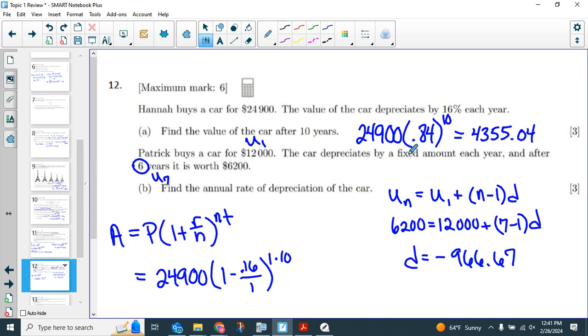Compound interest, like the one up here, when we lose 16% every year, 16% of 24,900 is a different amount than 16% of whatever that new value is. So when you use compound interest, even though it depreciates by the same percentage, the actual overall amount that it depreciates each year is less.